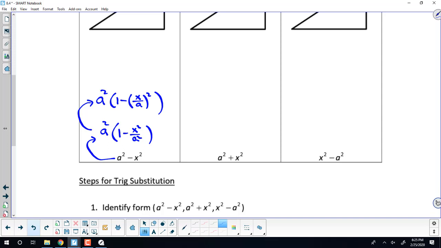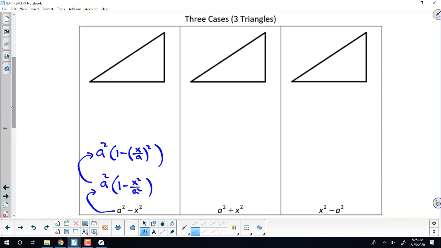And really it's the 1 minus the quantity squared, the 1 plus the square or the squared minus 1, that dictates what our substitution should be. So always in the back of our mind, we're going to think about the Pythagorean identities. 1 minus a sine squared, like we saw in the last two examples. So if you've got a situation like this, your substitution should be x over a equals sine of theta.